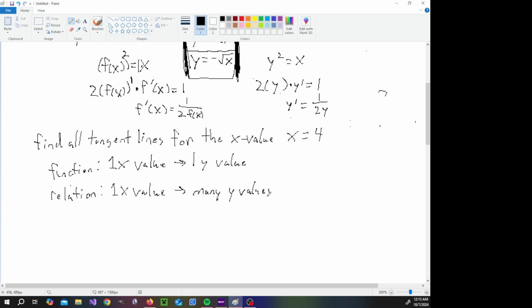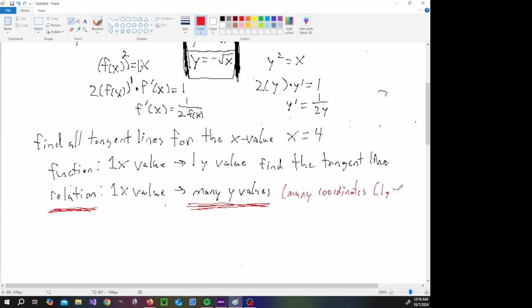So because we just have a relation, instead of saying find the tangent line, as if this was a function, because we have a relation with many y values, we have many coordinates that look like 1, comma, something, right?